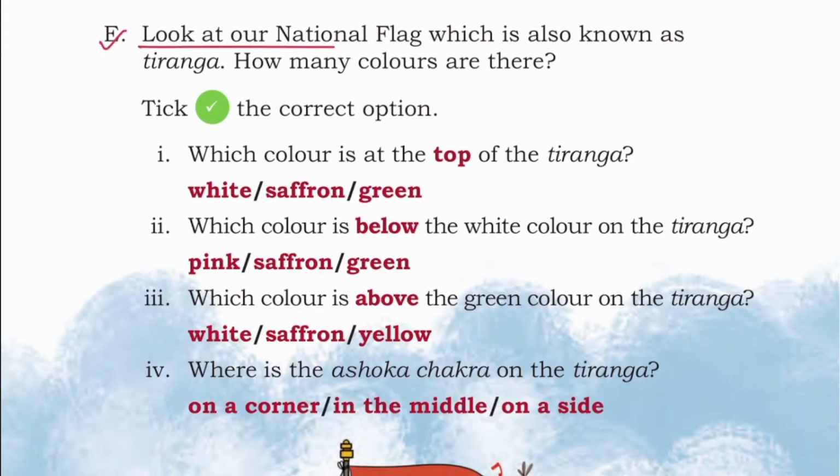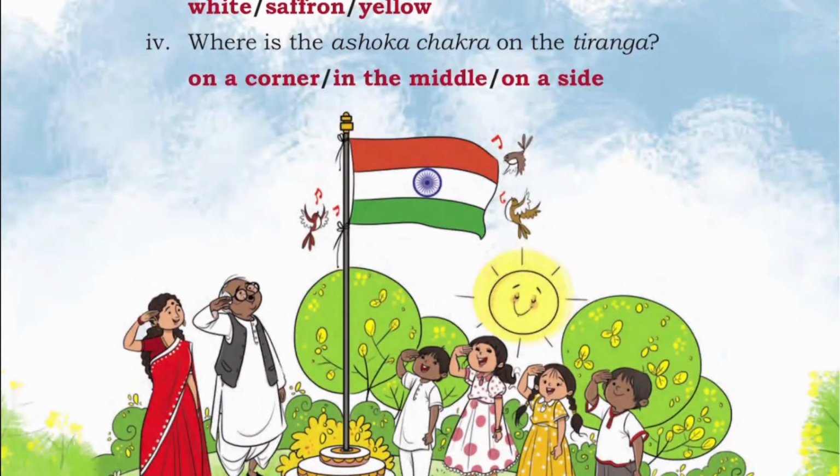E. Look at our national flag, which is also known as Tiranga. How many colors are there? You can see in our national flag there are three colors: saffron, white, and green.